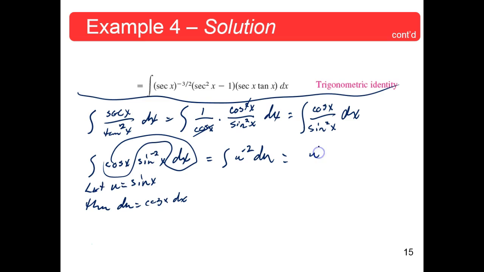u to the negative 1 over negative 1, which could be the same as adding 1 and multiplying by negative 1. Divided by negative 1, multiplied by negative 1, same result. And one other little piece, plus c. And then what do we do? Plug it in, and what does that give us?